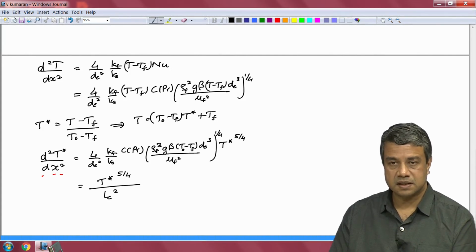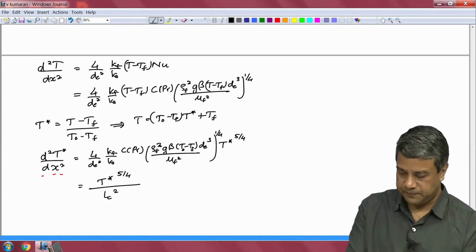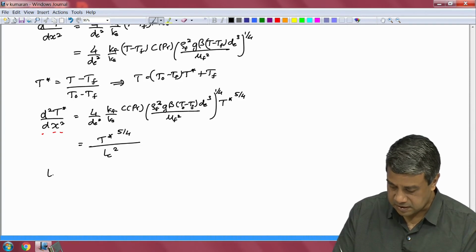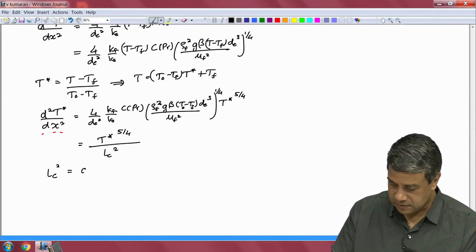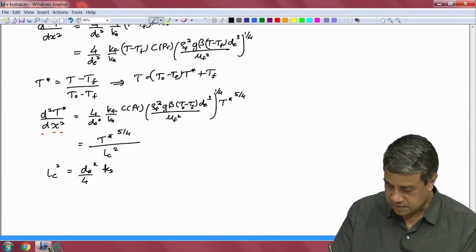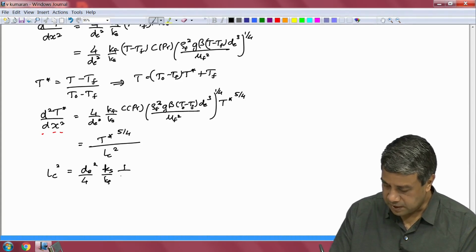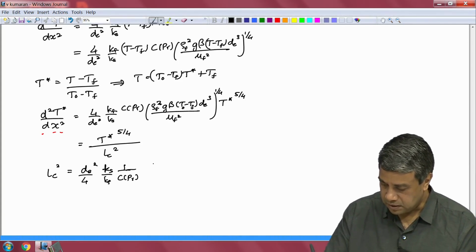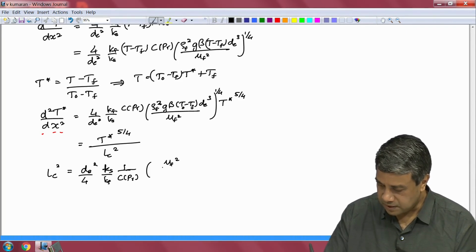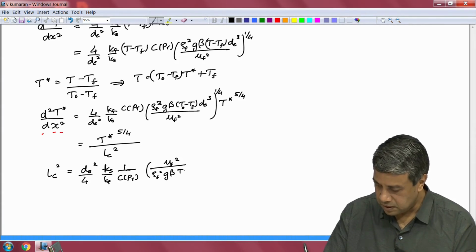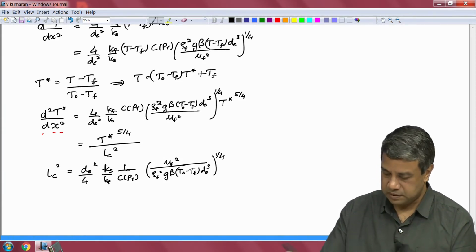Lc is the characteristic length for variation of temperature along the fin, and Lc square is equal to dE square by 4 Ks by Kf 1 by C of PR into mu f square by rho f square g beta T naught minus Tf dE cubed, okay, whole power 1/4.